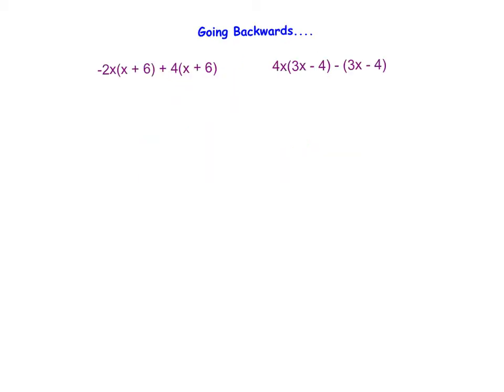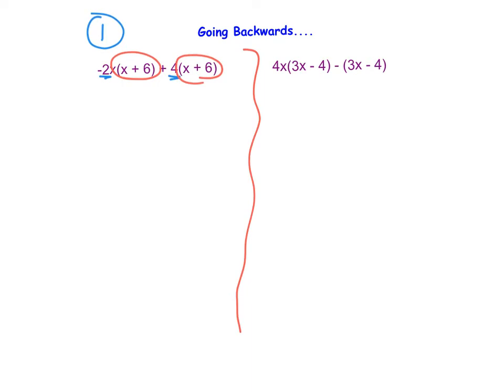Alright, so if you feel like you have a good handle on factoring by grouping, you can go ahead and rewrite the following polynomial expressions into factored form. If you aren't sure what to do or how to write these into factored form, just keep watching the video. So if I look at the first problem, what I notice is that both negative 2x and 4 are being multiplied by x plus 6.